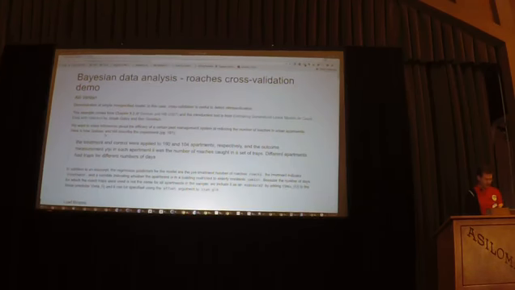So this is from Gelman et al., and this is also a notebook by Jonah Gabry and Ben Goodrich. The data is taken from there, and this notebook is for the model selection part.